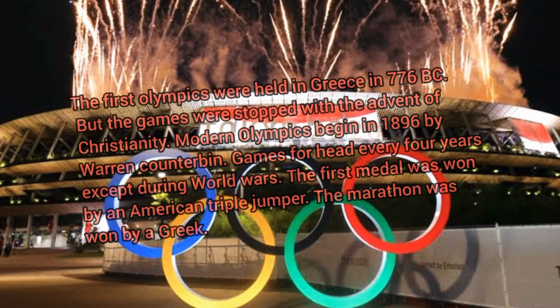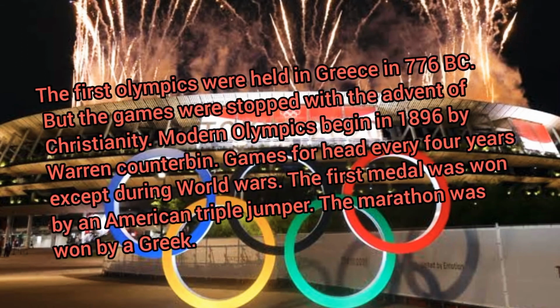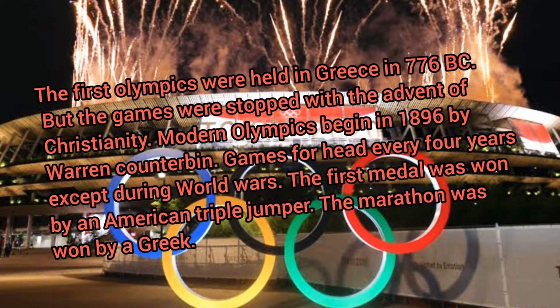See, the first Olympics were held in Greece in 776 BC, but the games were stopped with the advent of Christianity. Modern Olympics began in 1896 by Baron Coubertin. Games were held every 4 years except during World Wars. The first medal was won by an American triple jumper.